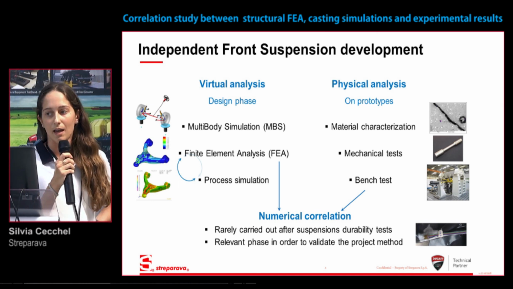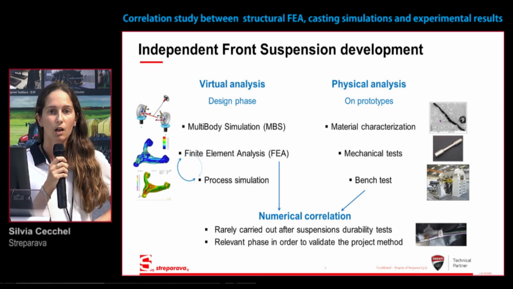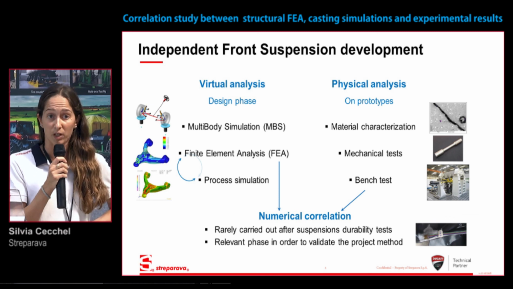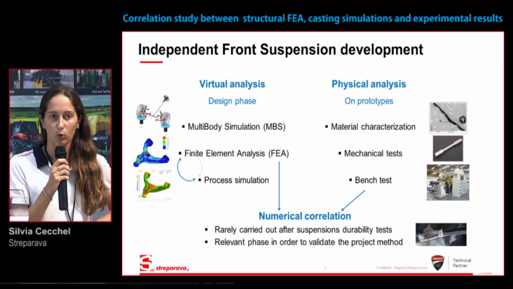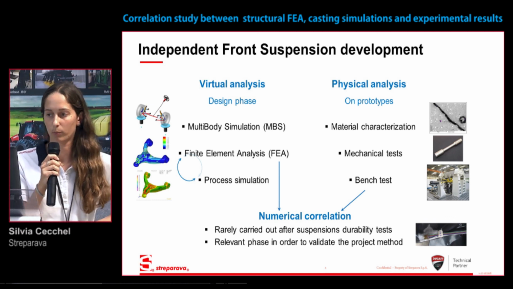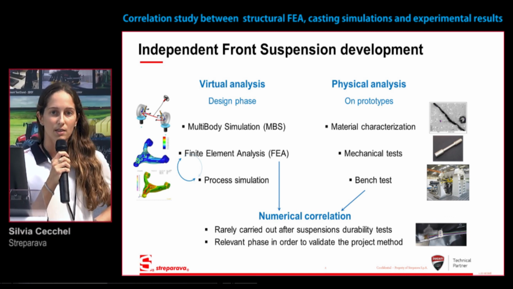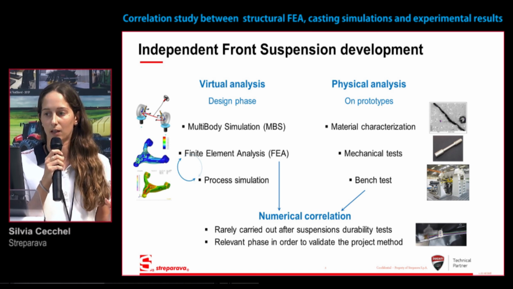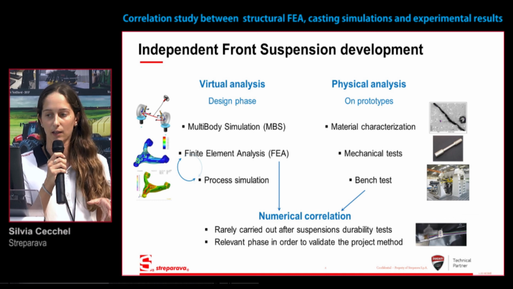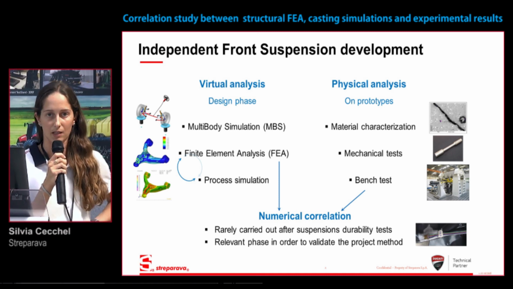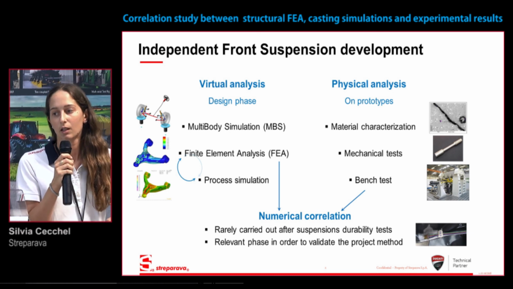Some mechanical tests, for example, tensile tests on specimens that could be machined out from the component in order to be more reliable in the perspective of the final application, or could be samples separately cast from the component. Finally, once defined these basic properties, we can go on with the final test on a bench test. And we will see this kind of test in the next slide.